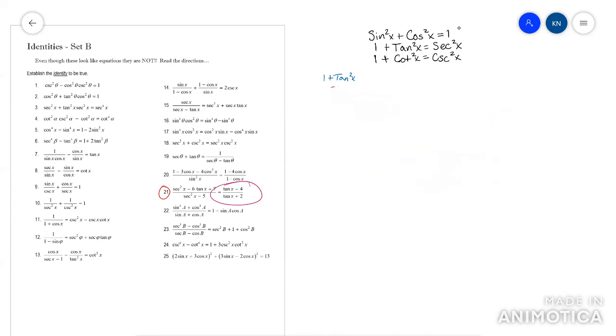We're almost there. 22 is next. And I got sine cubed plus cosine cubed over sine plus cosine.